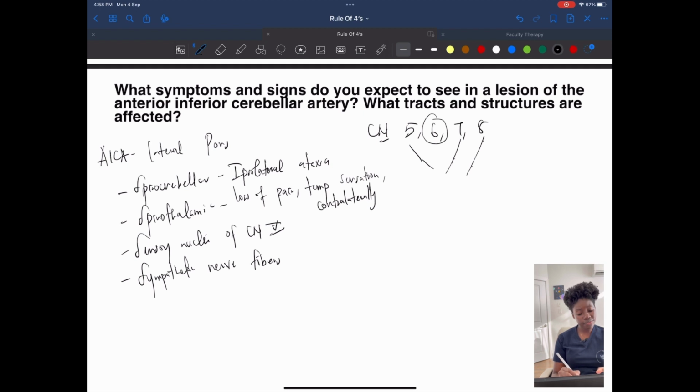Sensory nuclei of cranial nerve 5, they would have facial numbness. Remember that our cranial nerves are usually ipsilateral. This is ipsilaterally. And then they would also have ipsilateral Horner syndrome.